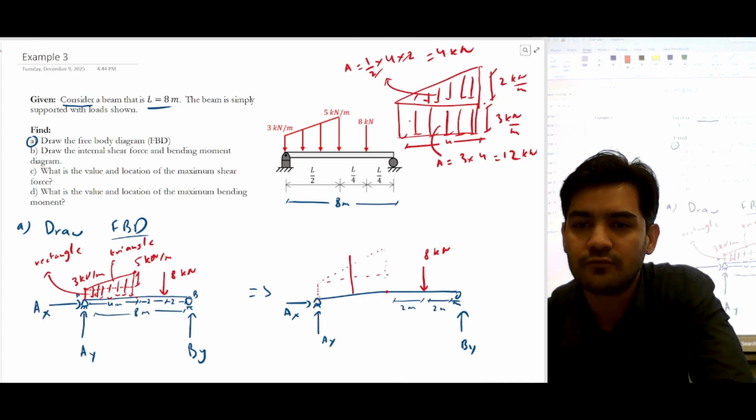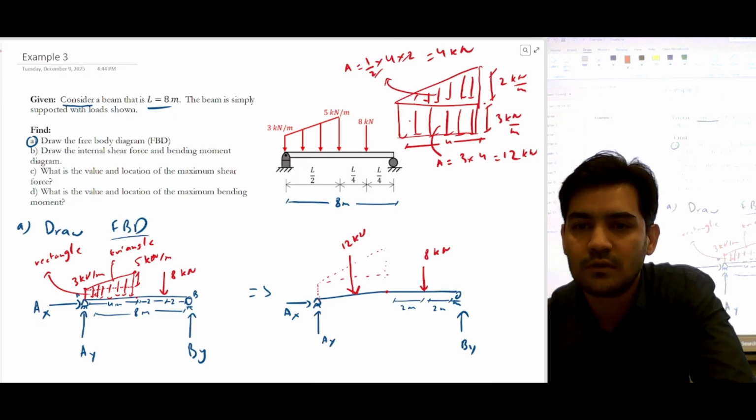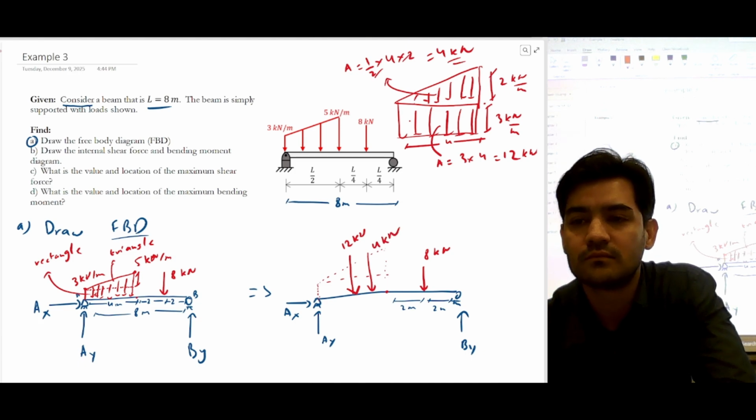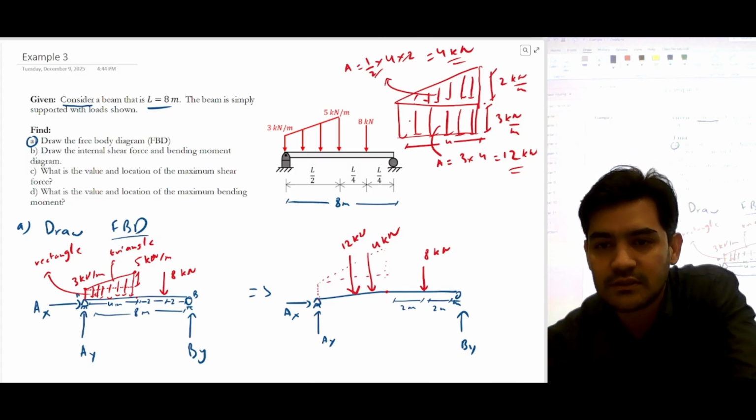So there is one force acting here. This is the rectangular force, 12 kilonewton. And then there is another force acting here, which is 4 kilonewton. And we can also calculate the distances.